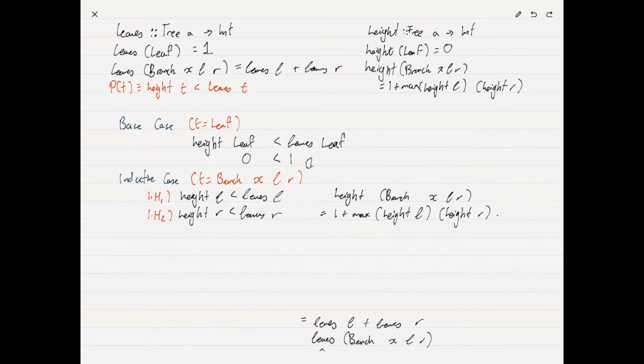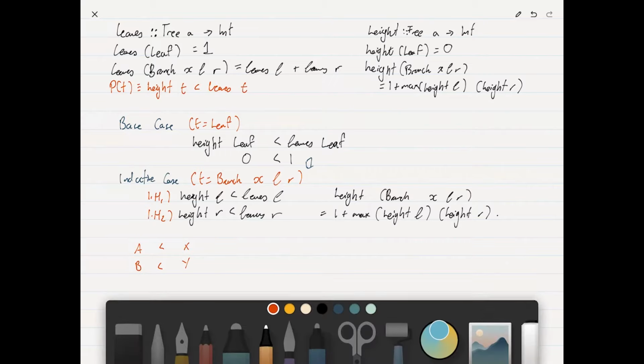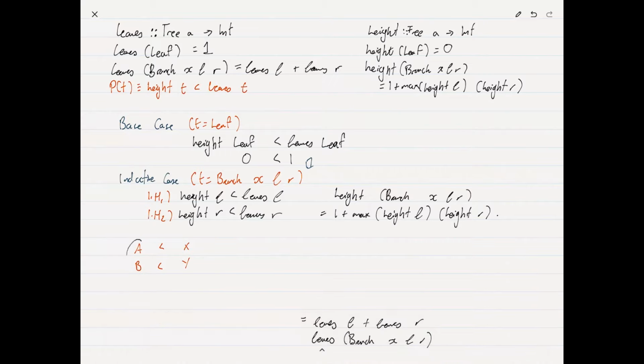If I have four numbers, A, B, X, and Y, and I know that A is less than X and B is less than Y, then the maximum of these two is going to be smaller than the maximum of these two.